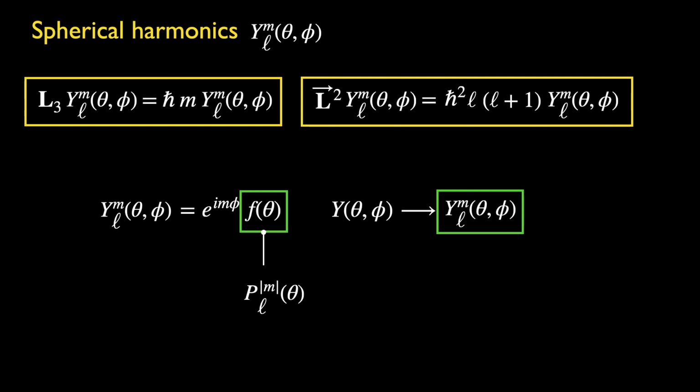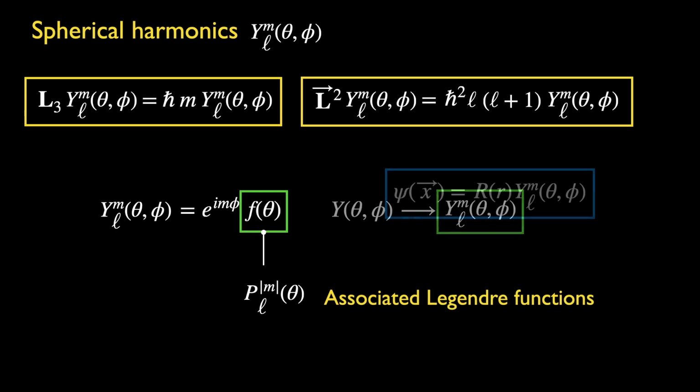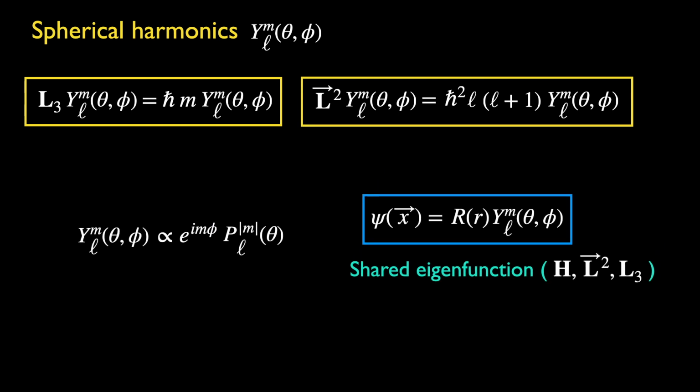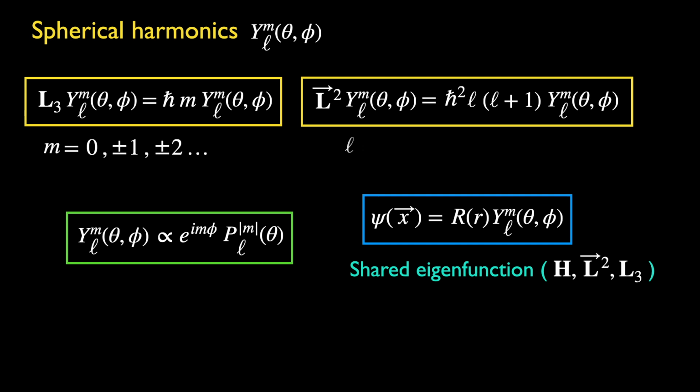These functions are known as the associated Legendre functions, but more about them later. The notations carry forward to the joint eigenfunction psi of the three operators H, L², and L3. This is where we stand in our search for eigenfunctions.